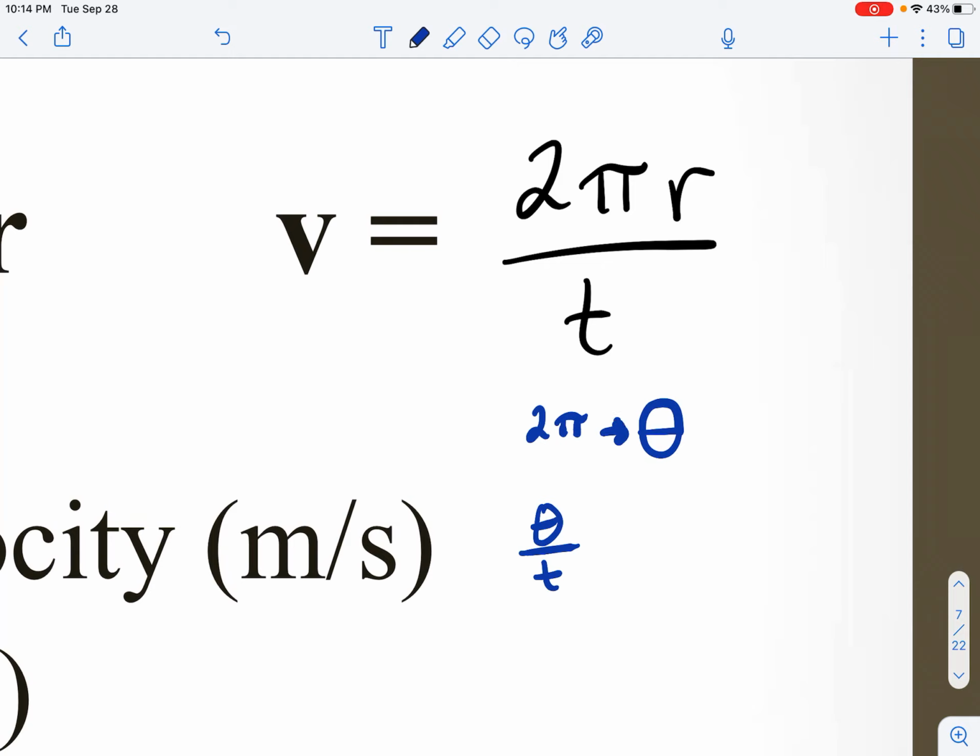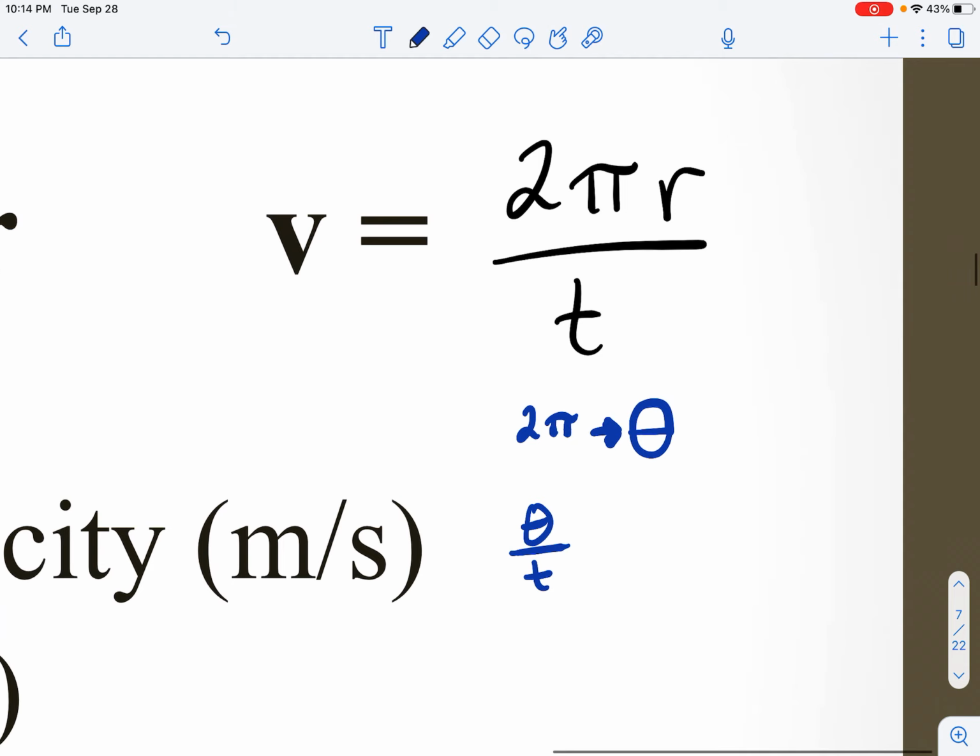That was our very first new equation for today. Theta over t represents our omega. So this theta over t can now be replaced with the symbol omega. So if I have 2 pi over t, all of this can now be replaced with omega.